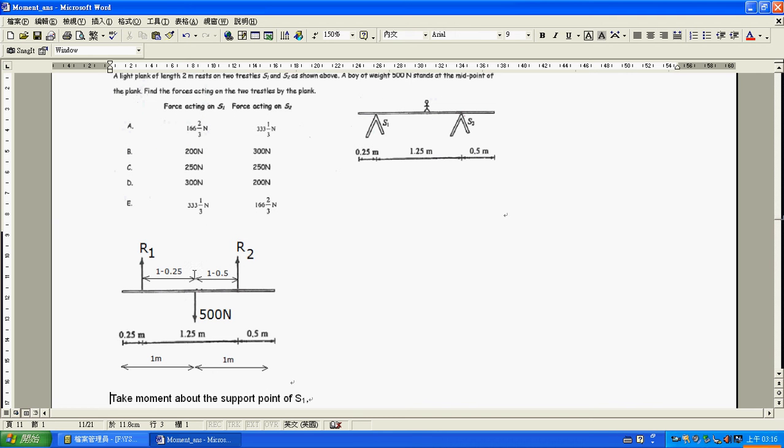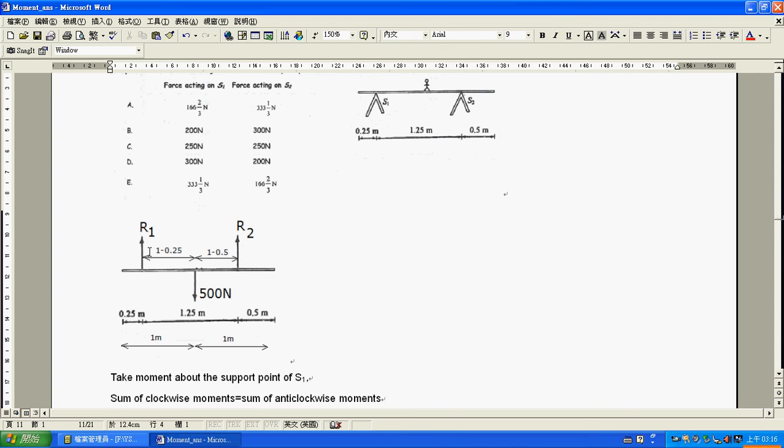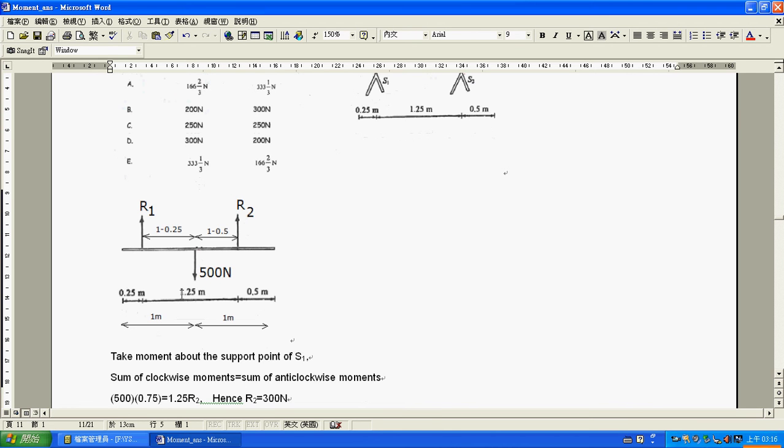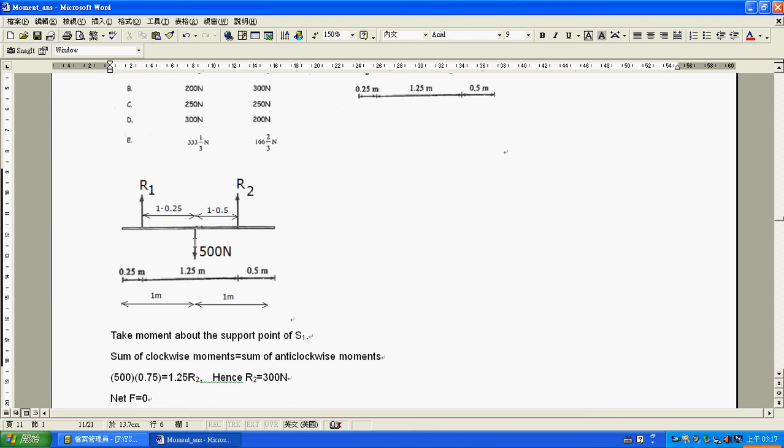Now to find R2, we take moment about S1. So that R1 is not taken into account. So the sum of clockwise moments is equal to the sum of anti-clockwise moments. For the clockwise moment, it's the 500 Newton times the moment arm, which is 1 minus 0.25, which is 0.75.